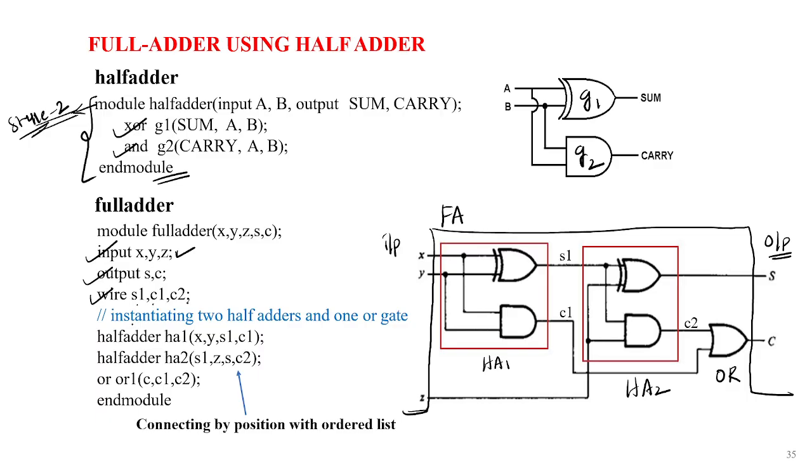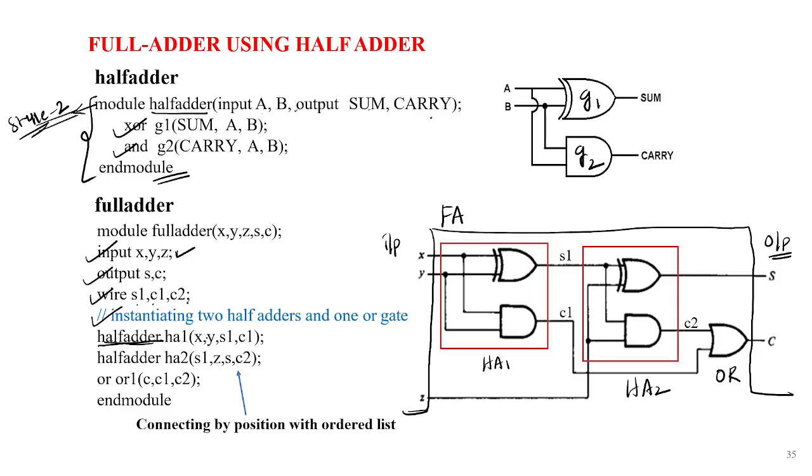Next I need to instantiate two half adders and one OR gate. To instantiate, see here, half adder. The design name here and the design name in the module should be the same, half adder, and my instance name is HA1. The way you declared the inputs, the same way you need to declare here: input A comma B, output sum comma carry.